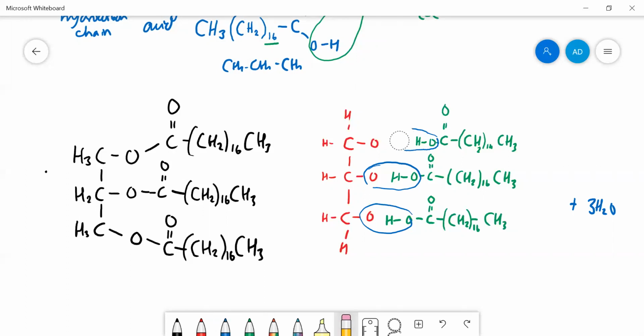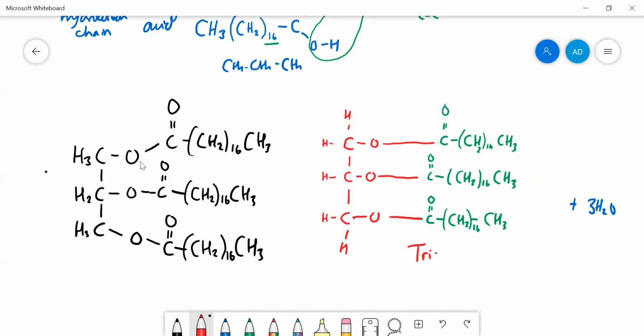I'm going to rub this bit out and make this a rather long oxygen-carbon bond. Do the same here. That's the oxygen from the alcohol, which ends up in the ester linkage. Do the same here. Okay, and this is our triacylglyceride.